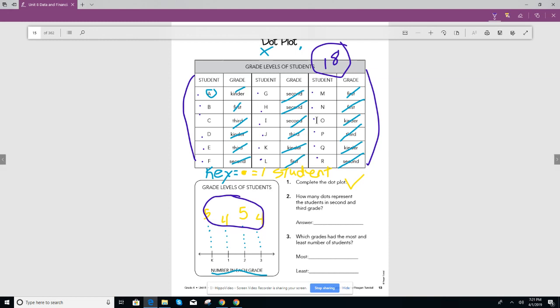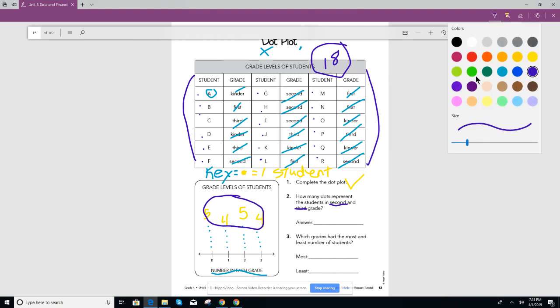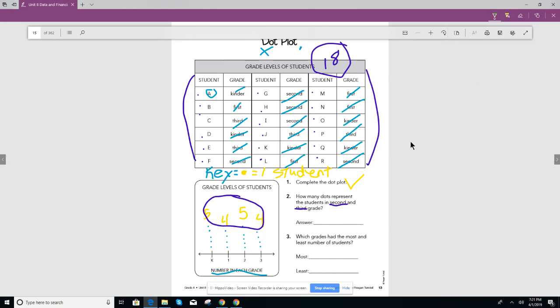Now I can answer the questions. How many dots represent the students in second grade and third grade? So let's look at second grade. How many kids are in second grade? 5. So I'm actually going to put the number 5 above the word second. And how many kids are in third grade? 4. So I'm going to put the number 4 above the word third.